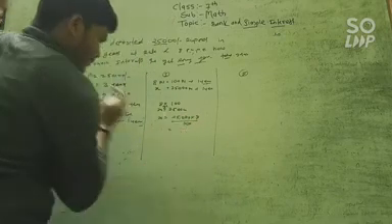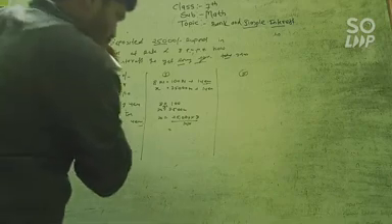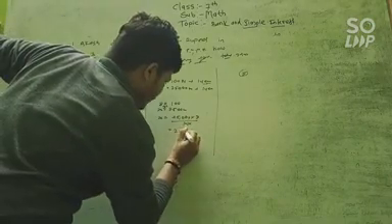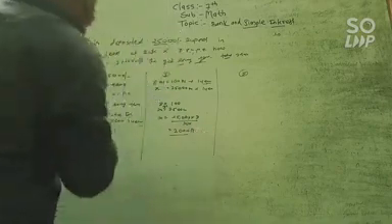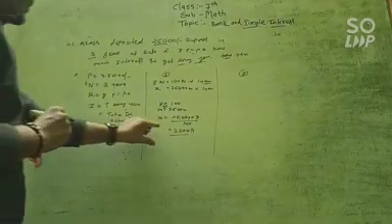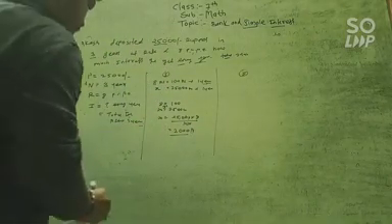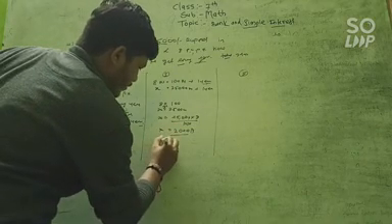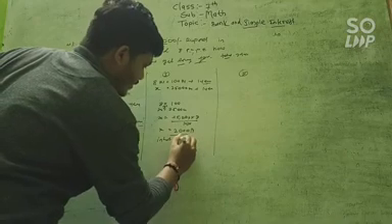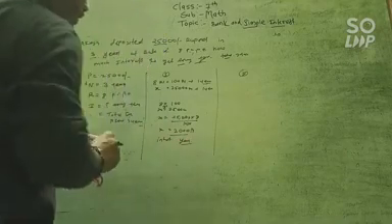That is 2,000 rupees. Okay, that's 2,000 rupees. So x is nothing but the interest. What interest? That is the interest after the 1 year.